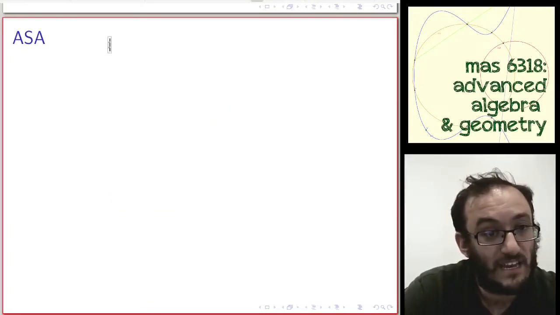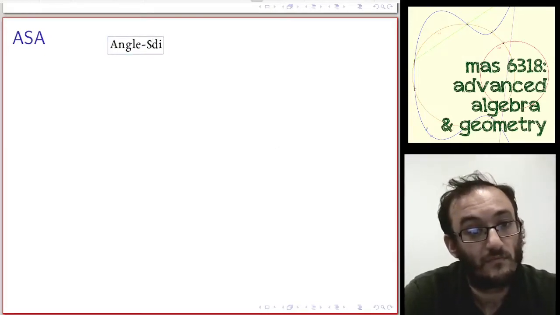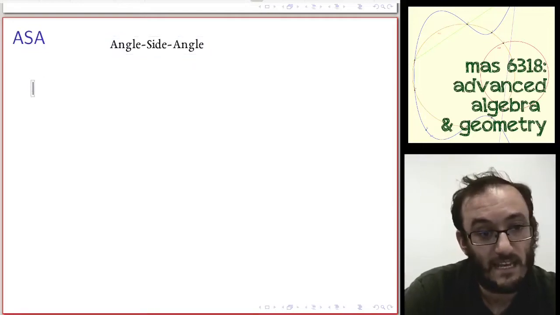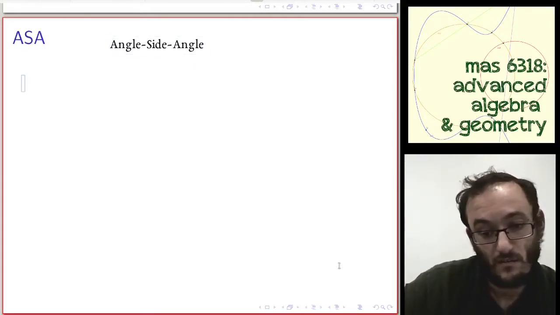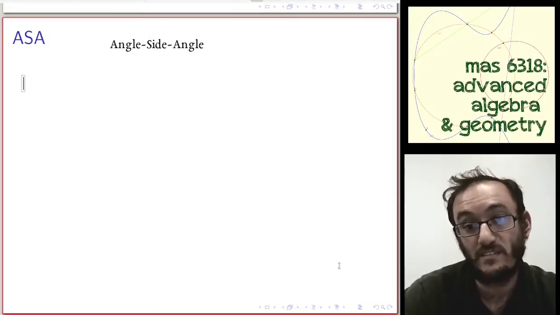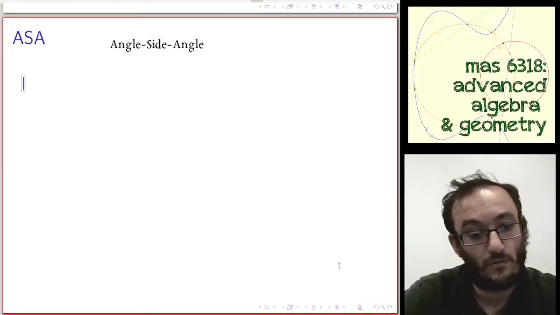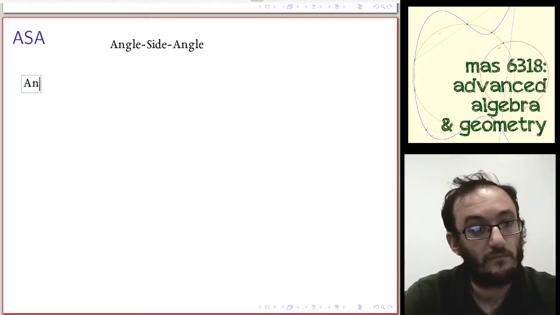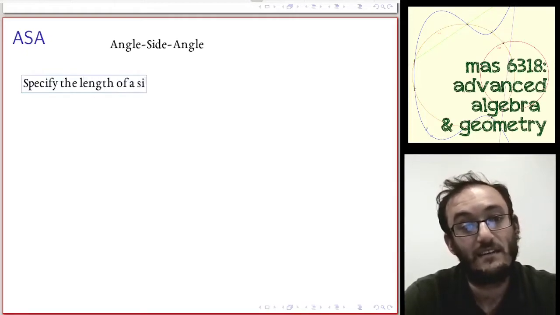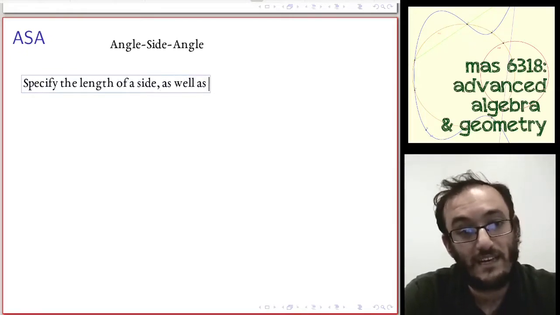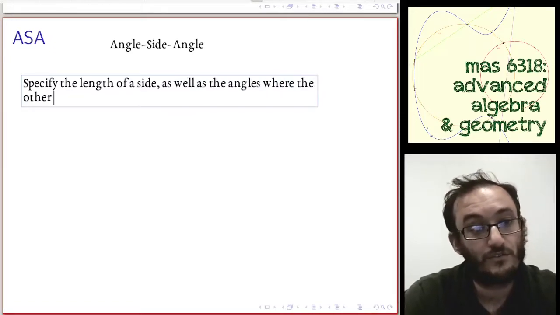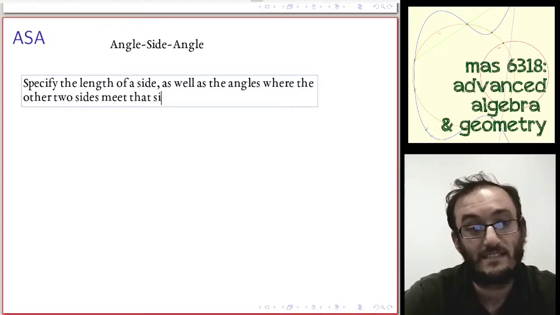Finally, we have angle side angle. It's the same idea here, where you're forced by the constraints that you're setting to specify a specific triangle. You have specified the length of a side as well as the angles where the other two sides meet that side.